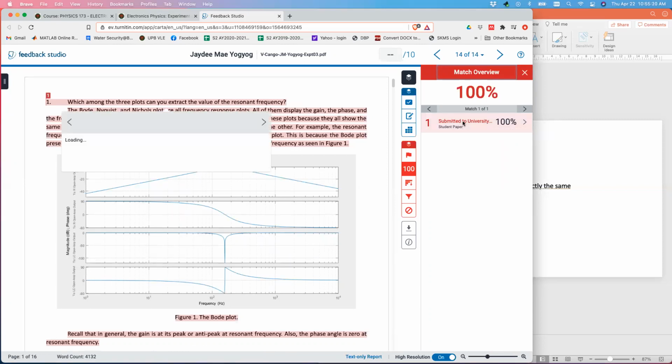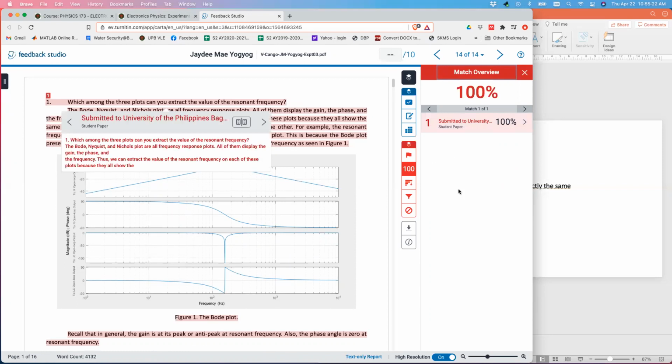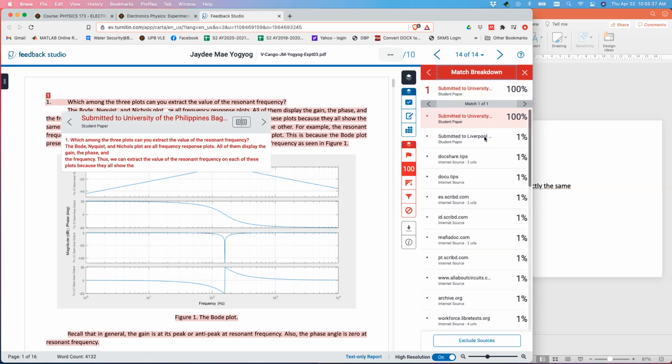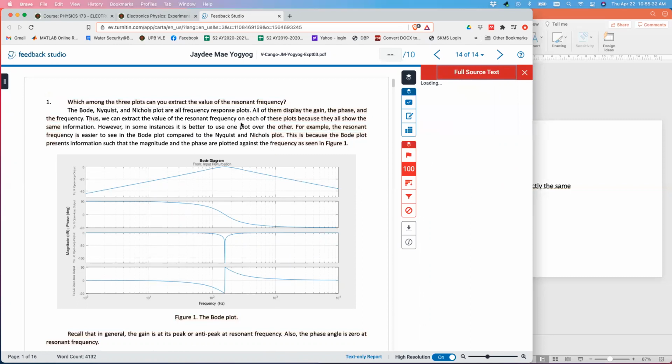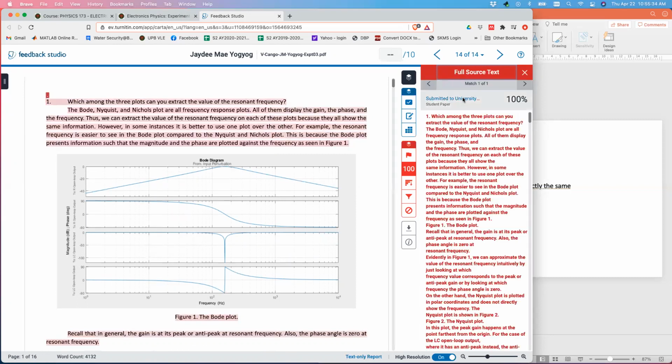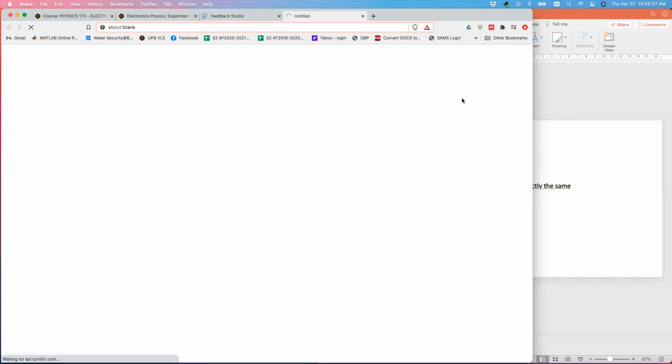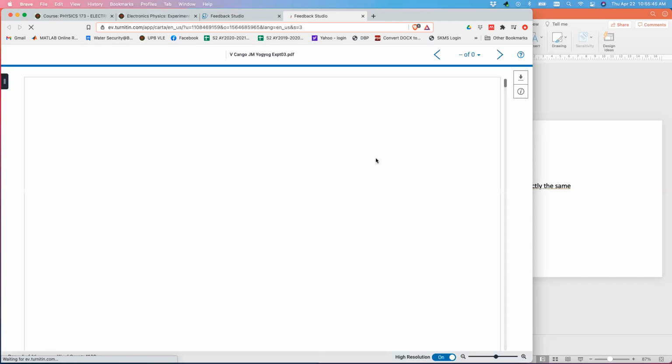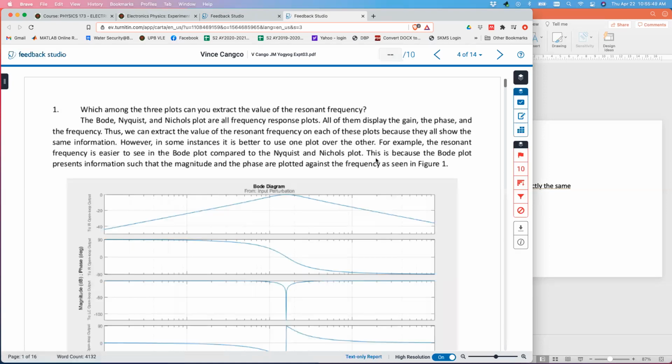So if I click this, okay, yan, lalabas yan, and malalaman ko kung kanino, yan, kanino siya pareho. Okay, if I click that. So, maganda rin siguro na pinapakita ko sa inyo ito kasi if your other teachers are using VLE and are using this Turnitin option, makikita kung nagkopyahan kayo o hindi.